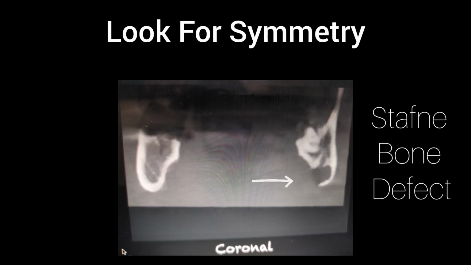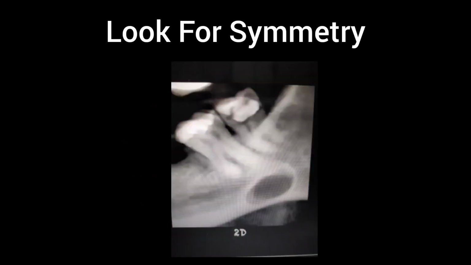It is most commonly found in this area, and it is thought to occur by pressure of the submandibular gland on the bone, and it actually forms a depression in the mandible. So this would not necessarily need to be treated other than maybe radiographic follow-up at the patient's next recall appointment.